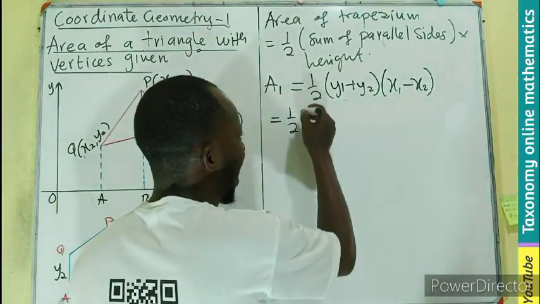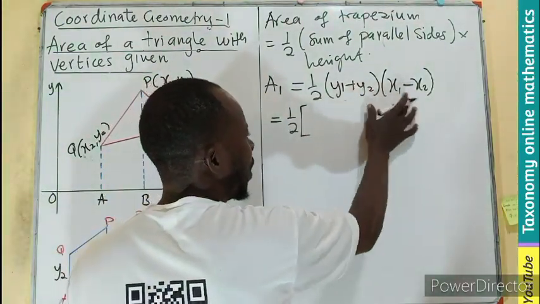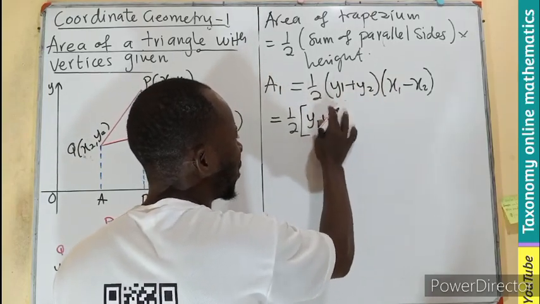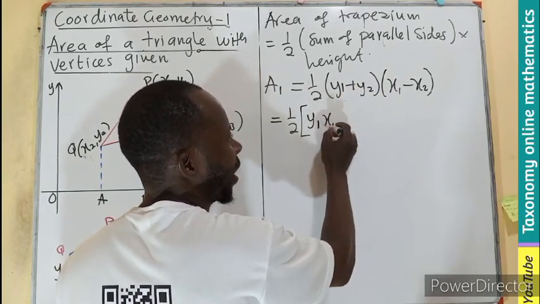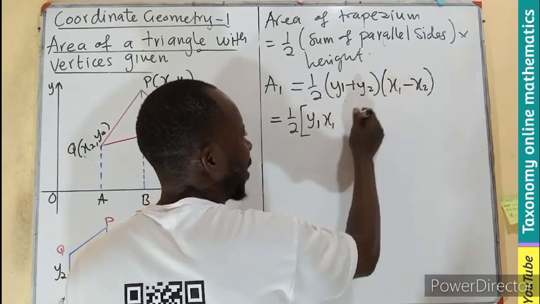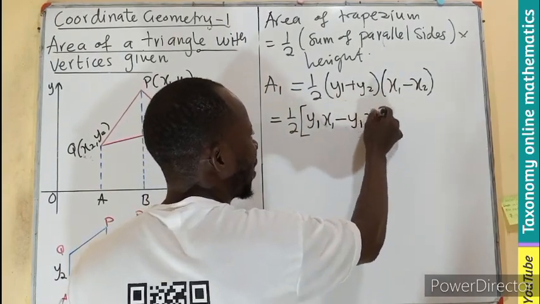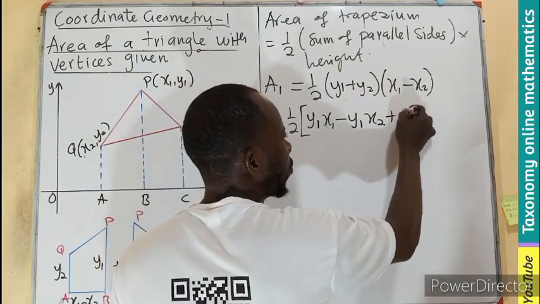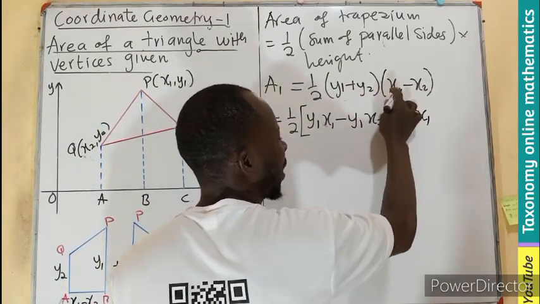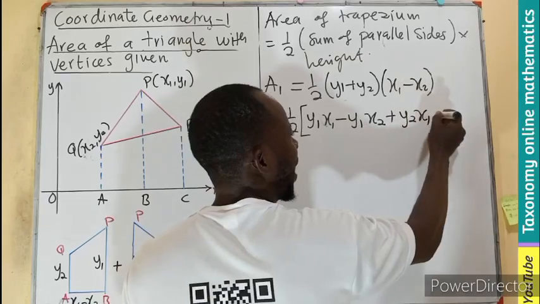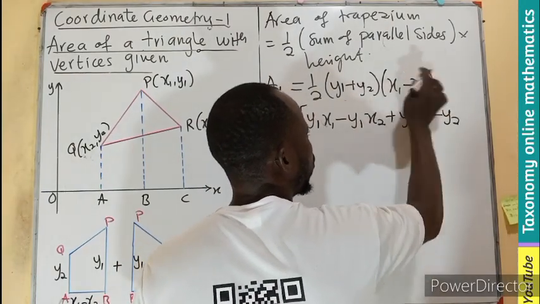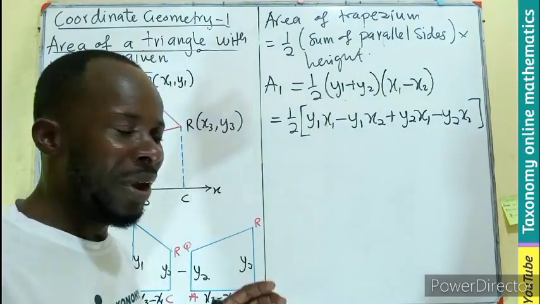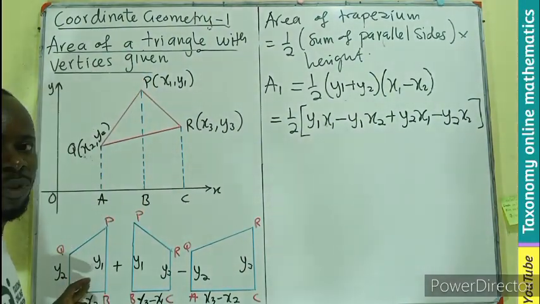But let's take this one as we go. This will multiply: this will give you y1 x1, then minus y1 x2. This will also multiply y2 x1, then minus y2 x2. So that gives us the first area of our trapezium.